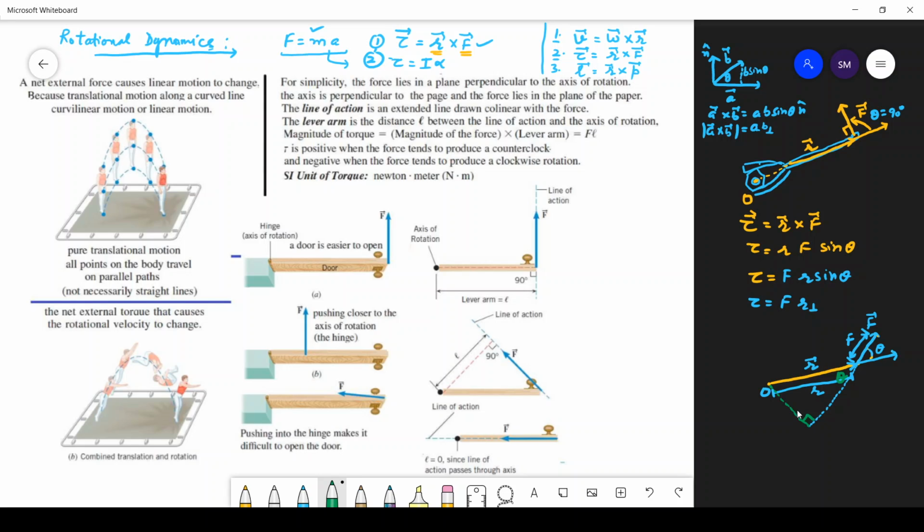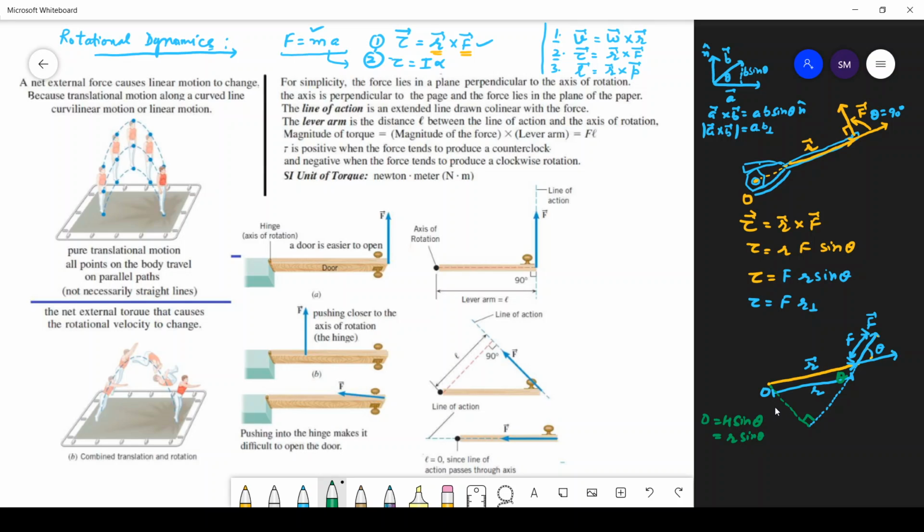Now what is R sine theta? Opposite side equals hypotenuse times sine theta. So for this theta, this is the opposite side, this is your 90 degrees, and this is the hypotenuse. So the opposite side equals hypotenuse sine theta, and this distance equals hypotenuse R sine theta.